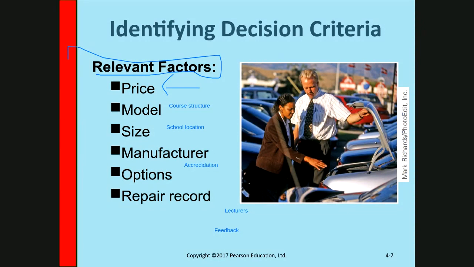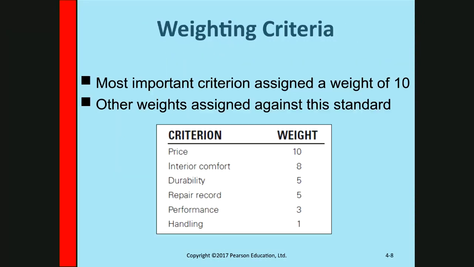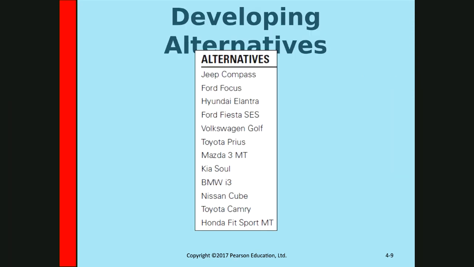Next one, you will weigh your criterion. Just like just now, we wrote down feedback, location, price, cost structure, all these. You will give a weightage to each one of what we have discussed earlier. After which, you will develop alternatives, meaning you will have schools written here.